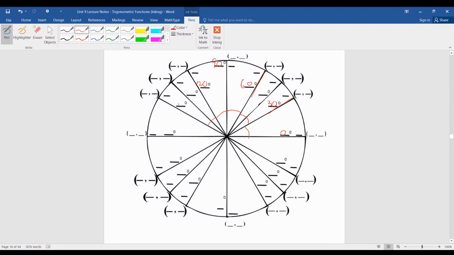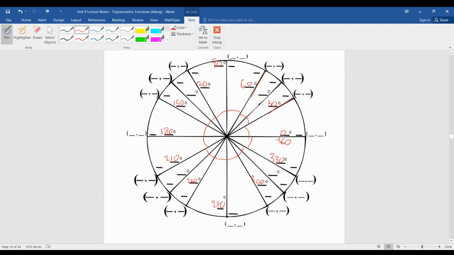120 plus another 30, that's 150. 150 plus 30, that's 180. 180 plus 30 is 210. 210 plus 30, that's 240. 240 plus 30, that's 270. 270 plus 30, 300. 300 plus 30, 330. 330 plus 30, 360.